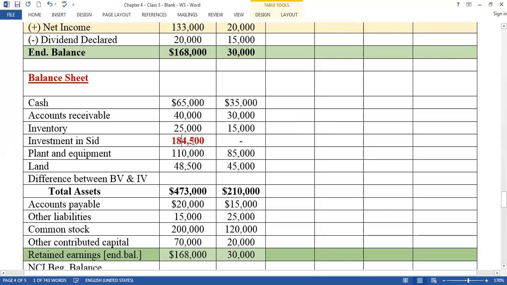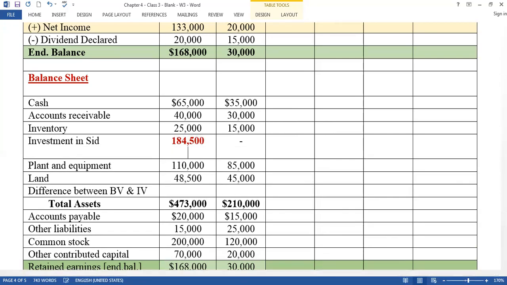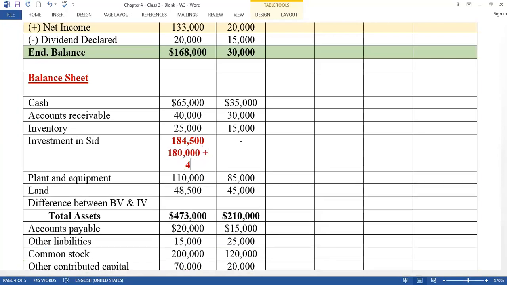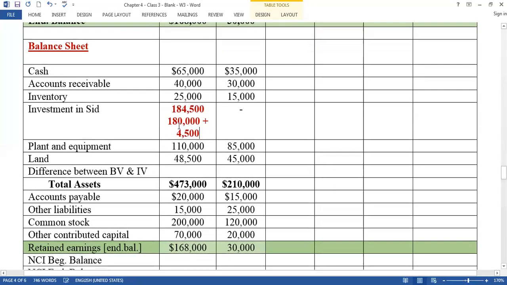So 4,500. How this number? Actually, this number is 180,000 plus 4,500, right? This number is 180, our initial investment, and this is the adjustment from equity. So we have to close this 180,000 and we have to close this 4,500. Clear?